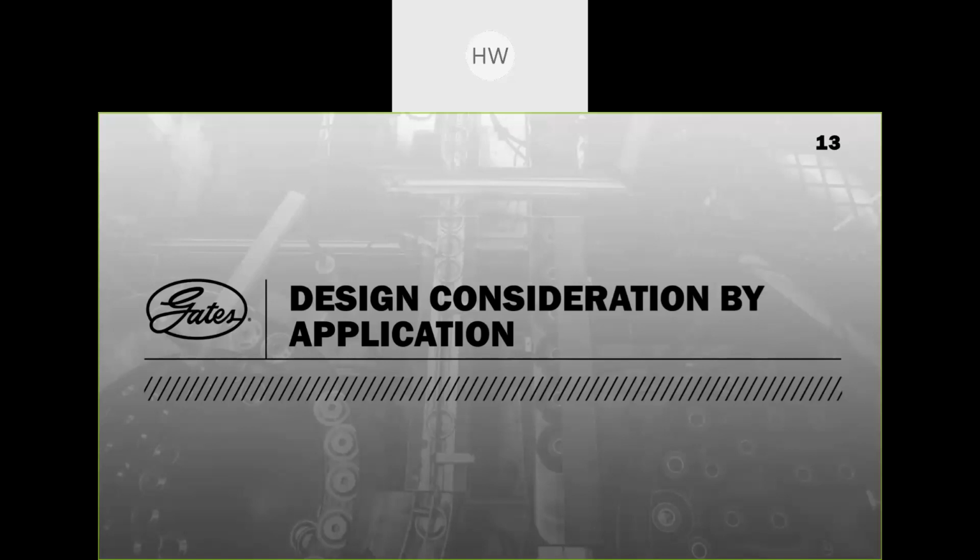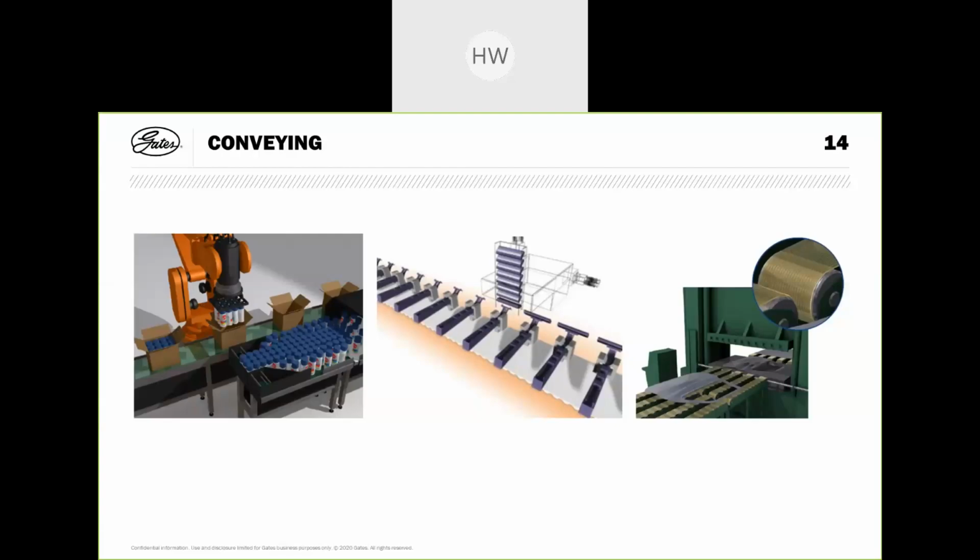So now going to applications. What do we need to consider with our typical TPU belt applications? And as said, one of our major applications is conveying. And these three pictures show you that conveying is a very wide field.